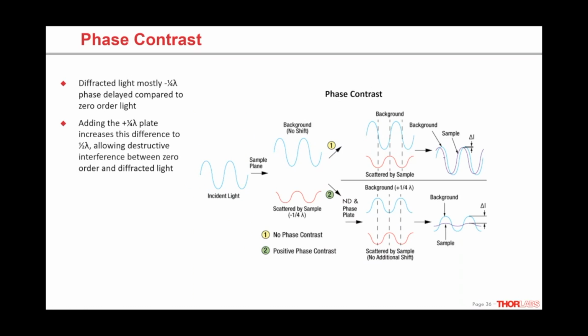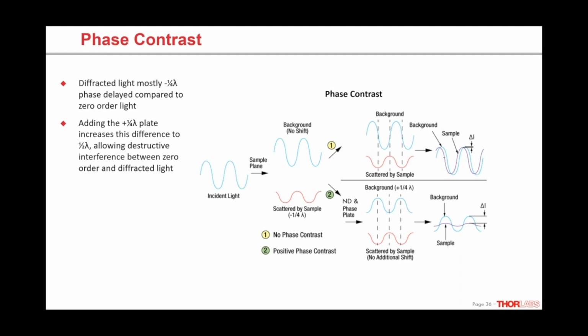So in this diagram, I show you both phase and non-phase contrast setups and show you how the phase contrast system can increase contrast for transparent samples. So you have incident light to a sample plane. Then importantly, you have the diffracted light and the zero order background light.